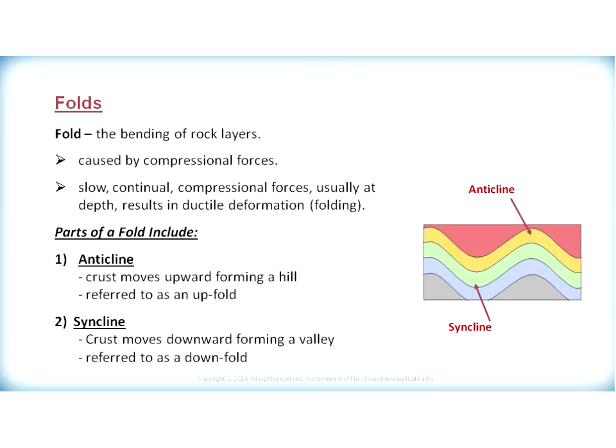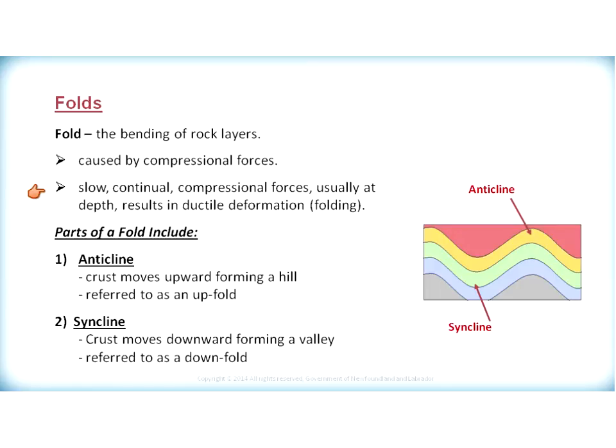Let's look at some folds. Folding is the bending of rock layers, and folding is generally caused by compressional forces. They are slow, continual compressional forces, usually at depth, which result in ductile deformation, which we call folding.